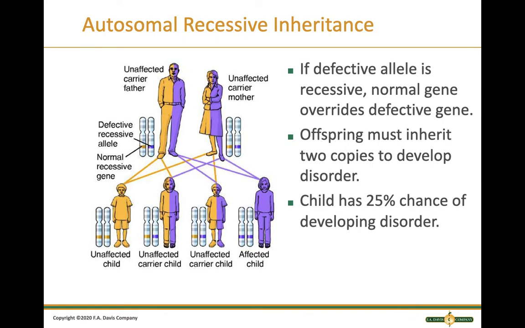And if we look at someone who's autosomal recessive, in this case both parents are heterozygous, so they have the normal allele for the normal gene, and then they have the defective recessive allele.